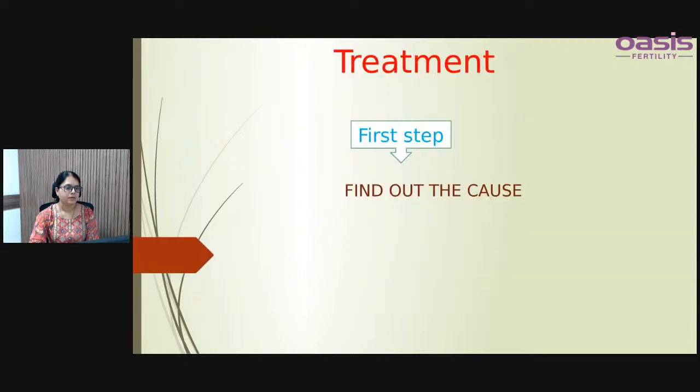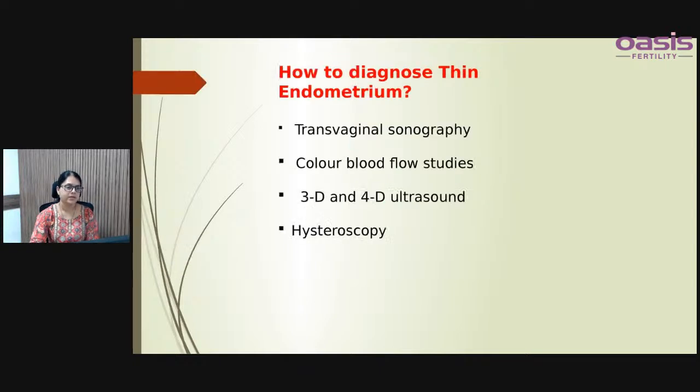So treatment, first step is to find out the cause as mentioned earlier, and diagnosis of thin endometrium is mainly by transvaginal ultrasonography, mainly during the 11th or 12th day of the menstrual cycle.